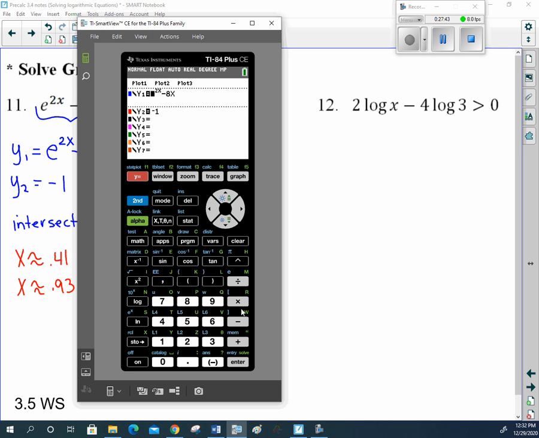So here I'm going to clear that one out, and put it back to a 10 by 10 window. Okay, so I'm going to go 2, and then I'm just going to hit log x, and then minus 4 log 3.